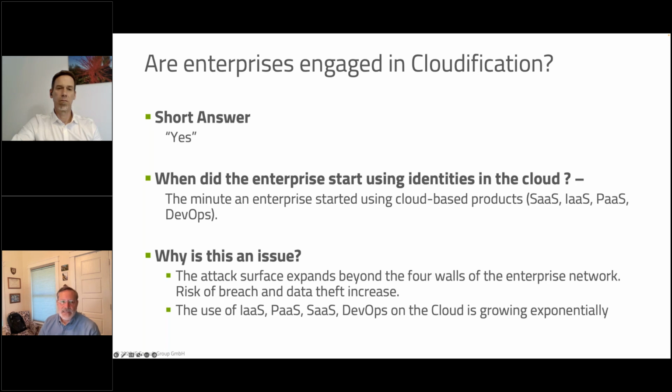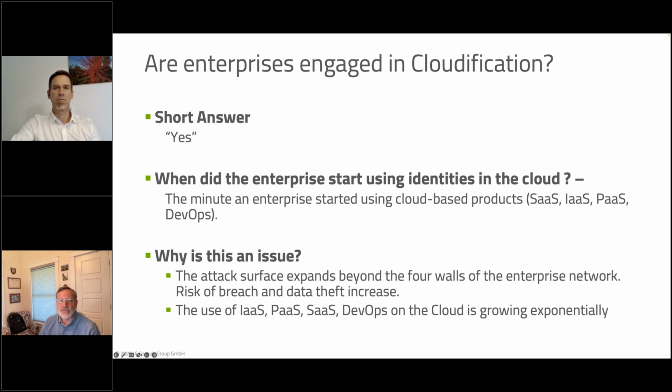And the reason that's an issue is because the attack surface has expanded beyond the four walls of the enterprise. We no longer have a castle surrounded by a moat. We have many resources that are needing to be protected, scattered around the world in the cloud.